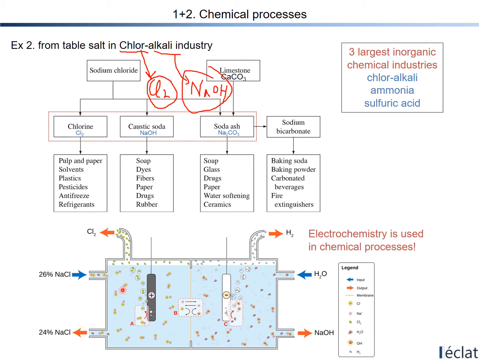And then chloride minus, let me change again, pen is better. So chloride minus negative ions is oxidized on this electrode, then finally it becomes chlorine gas. Then through the output pipe, 24%, that is to say, dilute solution of sodium chloride is going out of this chamber.